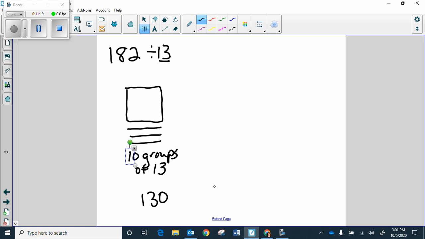That gives me 5 tens from 130 to 180. And from 180 to 182, there are 2 ones. 130 plus 52 equals 182, which is my dividend.